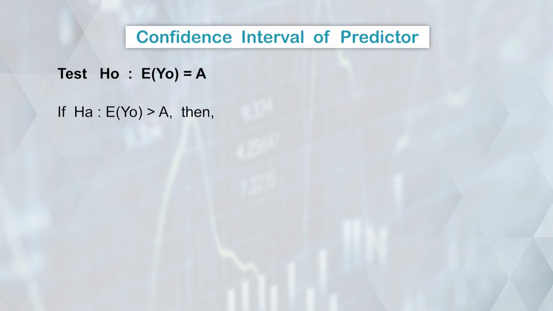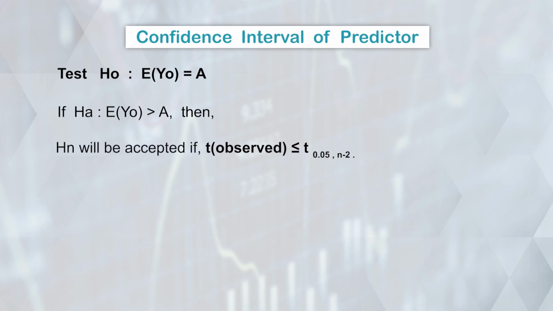So the null hypothesis is the same where the expectation of Y0 equals A, but the alternative hypothesis says greater than A. So based on that, we can see that H0 will be accepted if the observed value of t is less than this. That means if the computed value of the t is less than the table value and it lies on the left tail of the distribution, then definitely we are accepting the null hypothesis and we are in the rejection region of the alternative hypothesis.